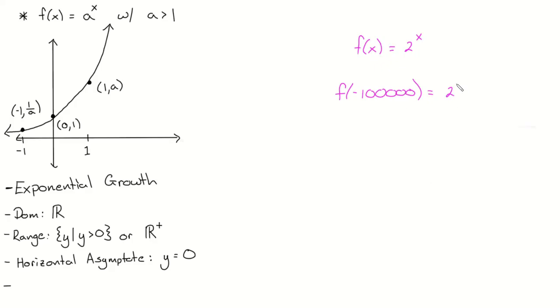This would be 2 to the negative 100,000. And do you agree that this is 1 over 2 to the 100,000 then? Okay. This is a gigantic number. And it's like, I don't know what it is, a trillion, probably in that range. If you have 1 out of a trillion pieces, do you still have something or do you have 0?